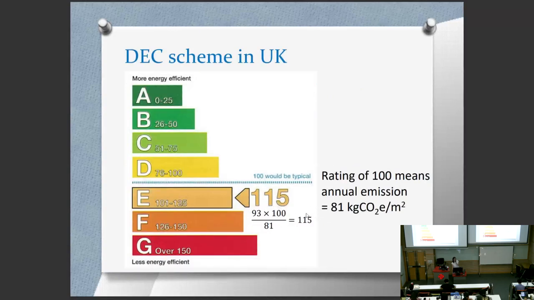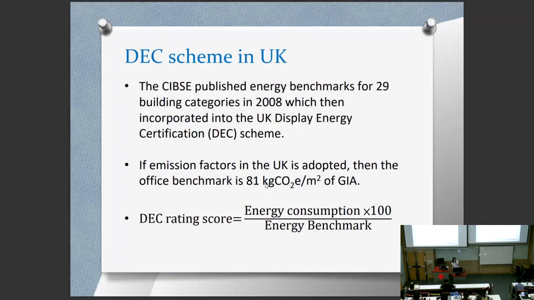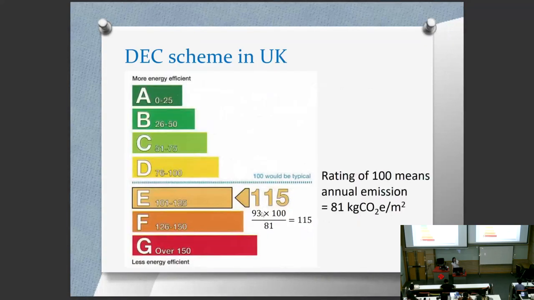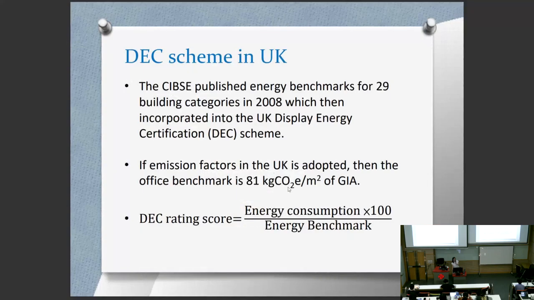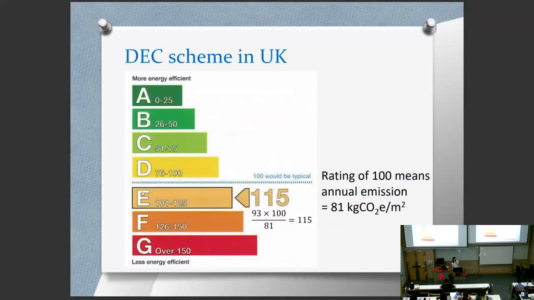So the rating is 115. 115 is between 101 and 125. So it means my building of 93 kg carbon dioxide equivalent per square meter will be given an E, gray, by the scheme.